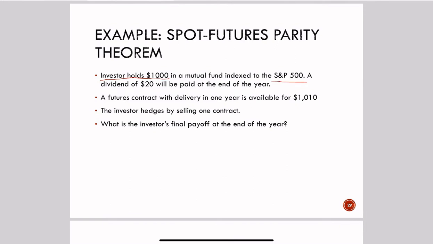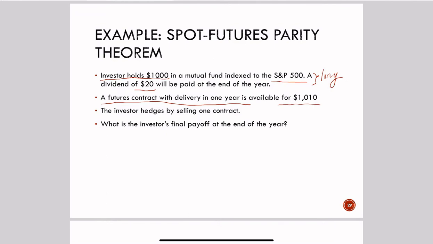And we assume at the end of the year, you will get a dividend of $20. So this is basically your long position, right? And let's say there's a futures contract whose delivery date is in 1 year.